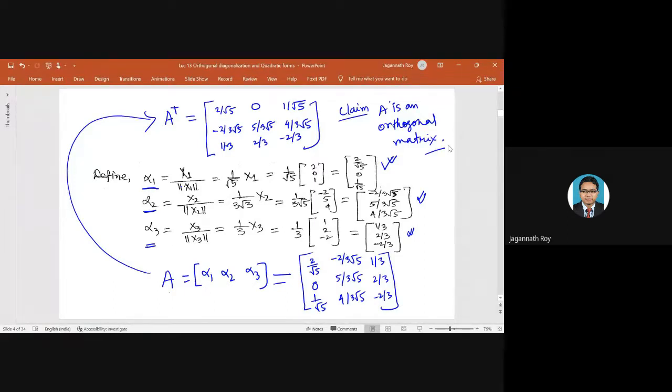In fact, if A is orthogonal, then we have seen A transpose A equals I. Easy to verify. You may take it as an exercise. Verify these relations also. If you just multiply them, then you will get this.